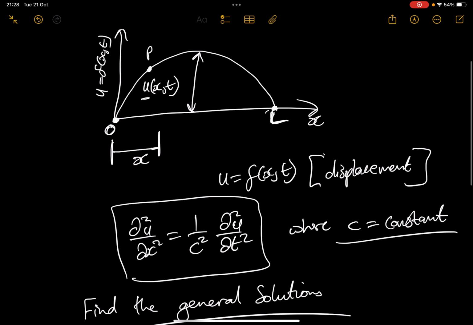Remember, from the first boundary condition, we stated that the time part cannot be 0 for all values of t. So even here, this cannot be 0.